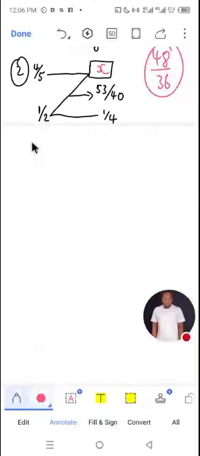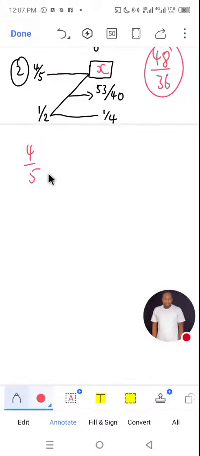I told you that you have to multiply the top, so 4 over 5 times x. 4 over 5 times x is 4x over 5. Now let's multiply the base, 1 over 2 times 1 over 4.